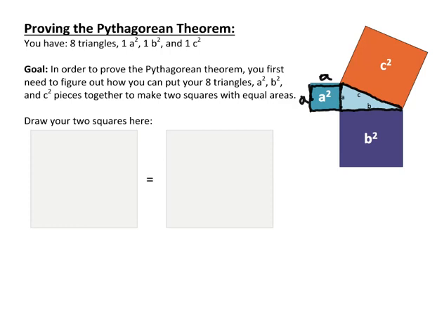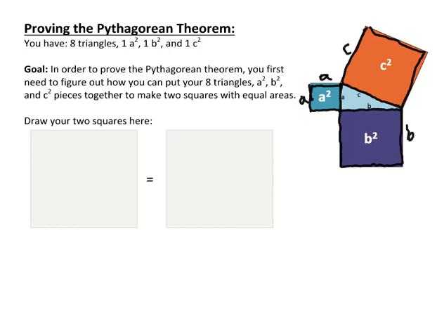So you can see how it fits nicely here against side A. You'll have another square which is literally B squared, so that has side B by B, so its area will be B squared, and a square which has side C by C, which makes the area of that C squared. So 8 triangles, 1 A squared piece, 1 C squared piece, and 1 B squared piece.